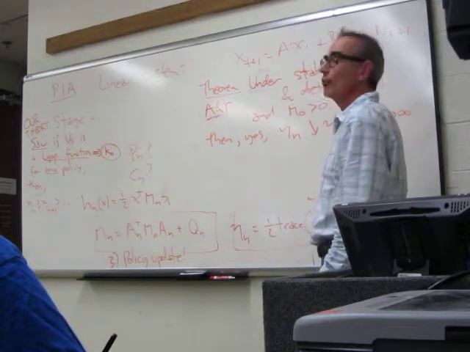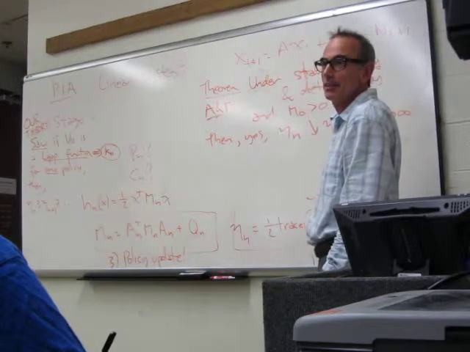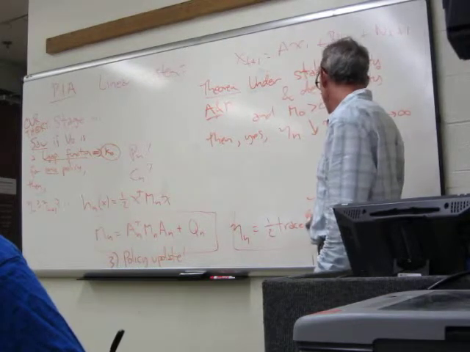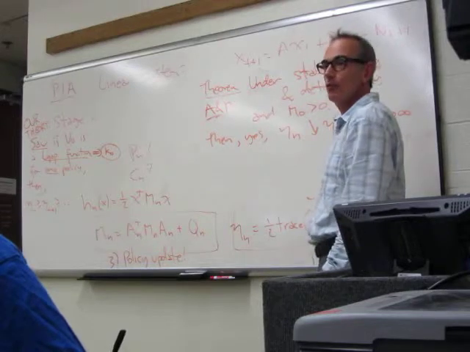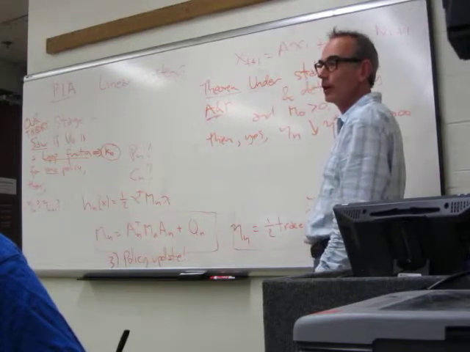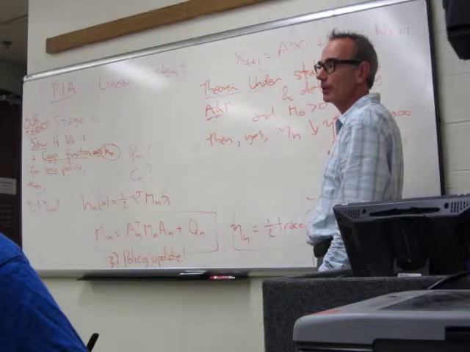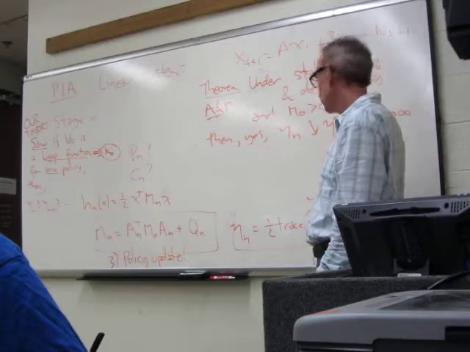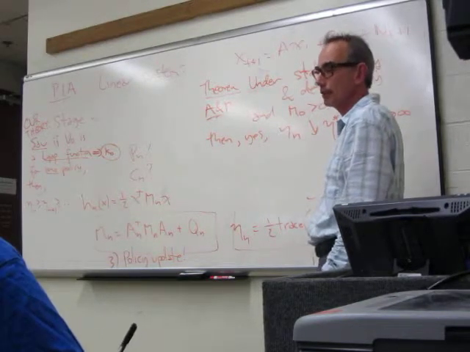But note that this is true for any sigma. I can fool around here and I can choose different noise variances. But whatever I choose for the covariance, I'm going to get this decreasing property. And in fact, what you find out is that Mn itself is actually decreasing.